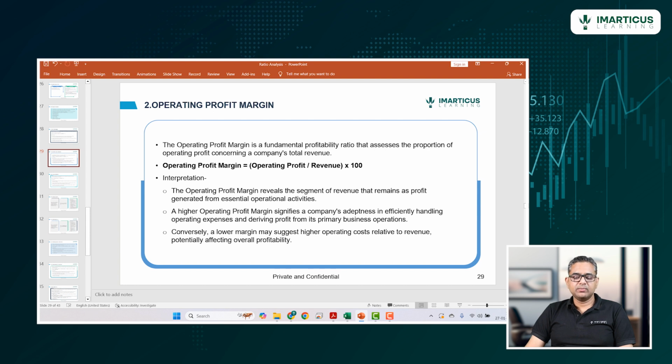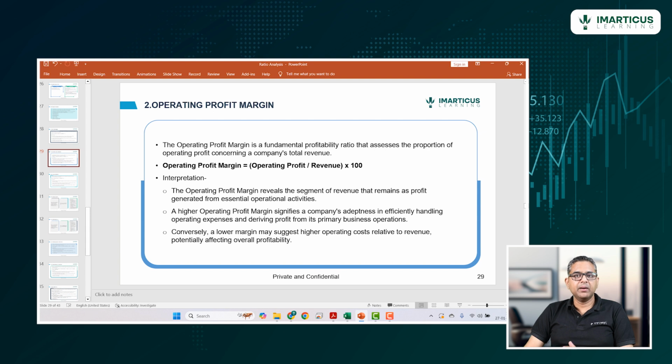Conversely, a lower margin may suggest higher operating costs relative to revenue, potentially affecting overall profitability. So, how well we are able to manage the operational expenses matters.